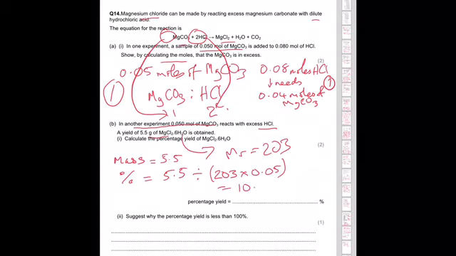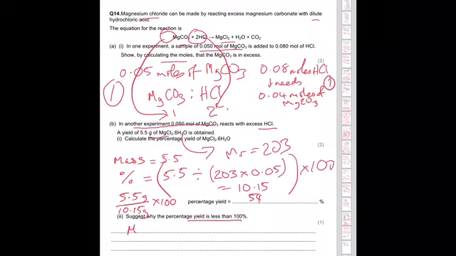That's 10.15 grams times by 100. Now that's a bit of a mess. Okay, it looks a bit messy there. Let's simplify it a little bit. So what you've got is your actual mass, which is 5.5 grams. You're expecting 10.15 grams. So it's 5.5 over 10.15 times by 100, which should give you about 54%.